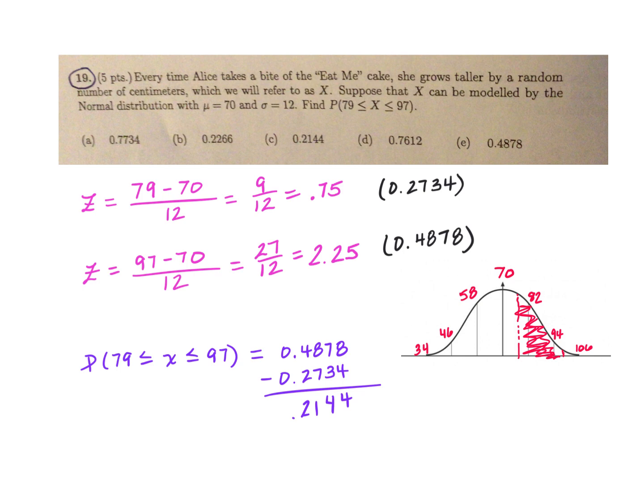And then for a z-score of 2.25 in the chart, it will give you a value of 0.4878. And then just subtract. It's always the largest minus smallest. And so when you do that subtraction, you can see that you get 0.2144. And so the answer there then would be choice C.